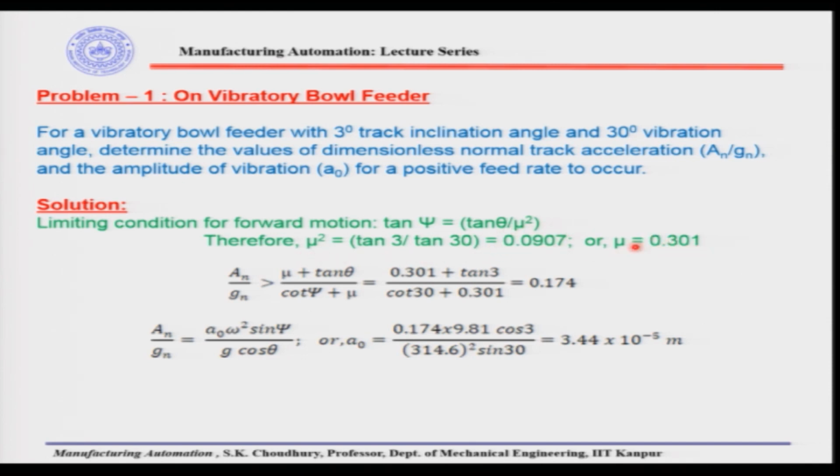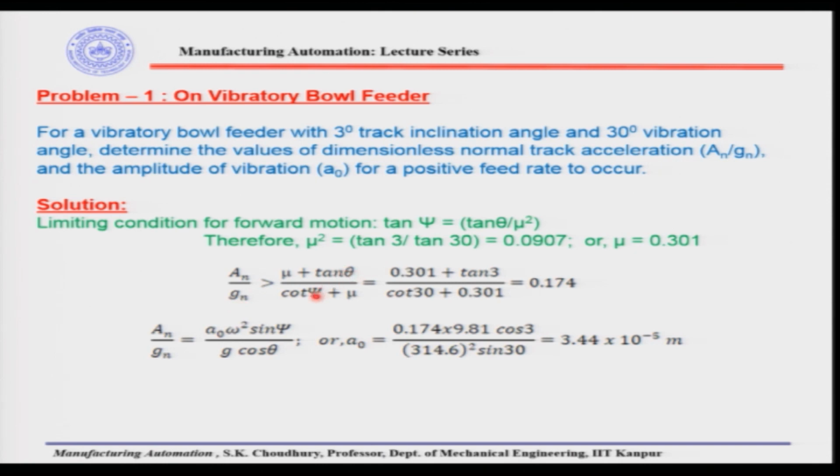Next, we found the mu because we have to find the dimensionless normal track acceleration, which must be more than a certain value for the parts to go up the track. The condition is that the normal track acceleration has to be more than mu plus tan theta divided by cot psi plus mu. Theta is the track inclination angle, once more, and psi is the vibration angle.